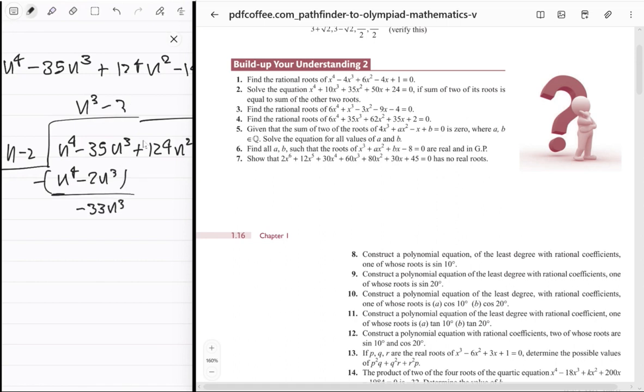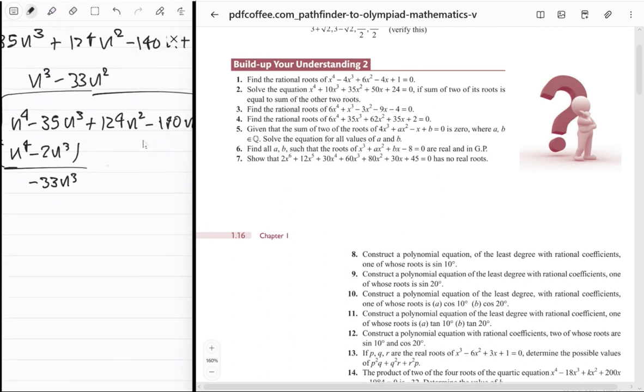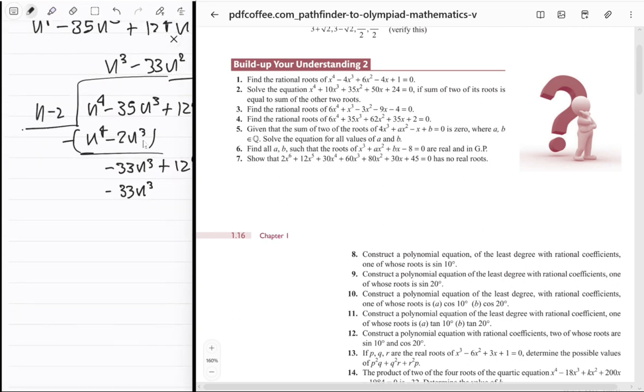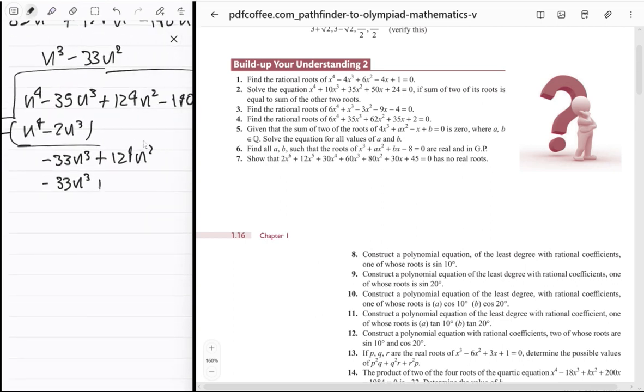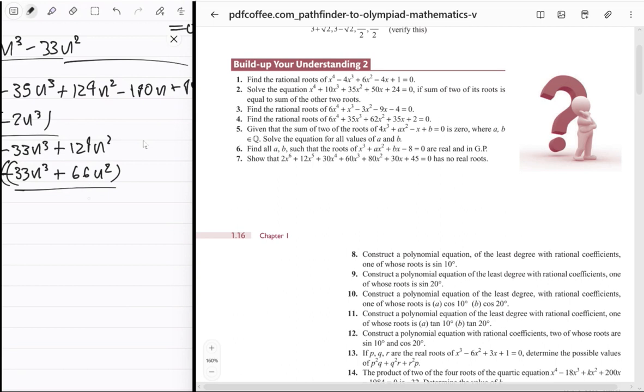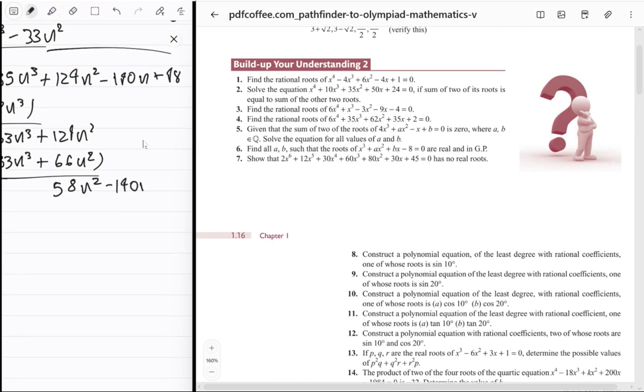Then negative 2 times that is just plus 66 u squared. Subtract that out, and you got 58 u squared minus 140 u.